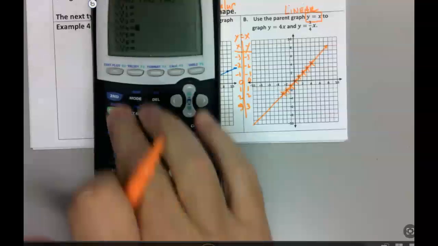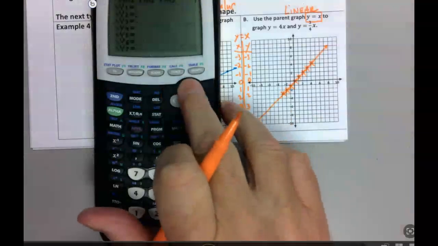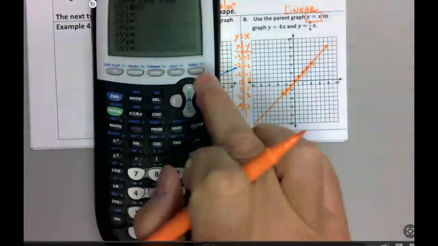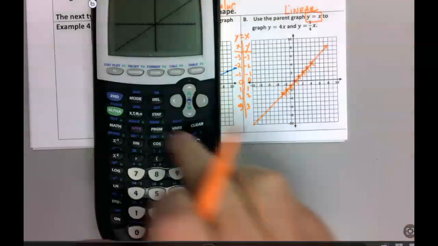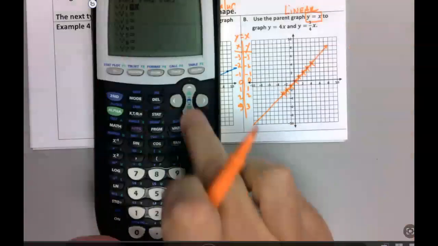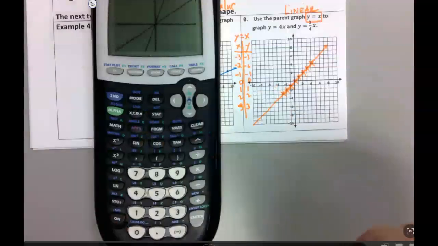So we go to y equals x. You guys stay awake? You guys get your calculator out? Follow along? So I type x and I should get a line, correct? Do I get a line there? Y equals x. Now let's do y equals 4x. So come down, 4x. Now my slope is 4 over 1, isn't it?